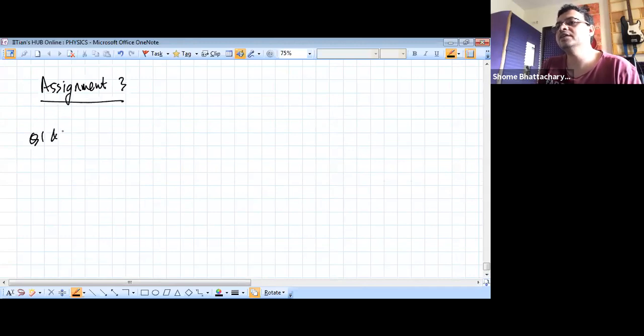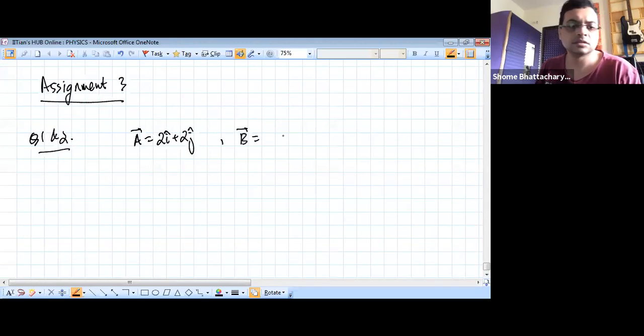So questions 1 and 2 are both based on the same data. It's very simple. The vector A is given to us as 2 i cap plus 2 j cap, and the vector B is given to us as i cap plus 2 j cap. Now we have to find the magnitude of A plus B and the angle made by A plus B with respect to the x-axis.